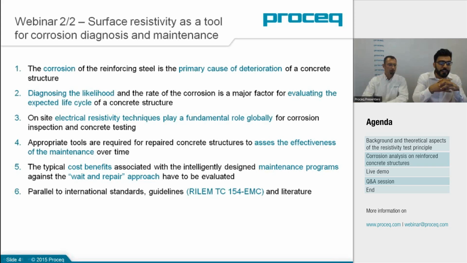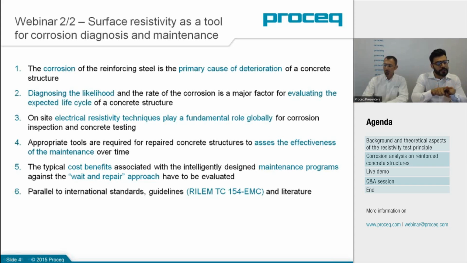In addition to that, the cost benefits that come along with these tools, or intelligently designed maintenance programs, can be evaluated against a wait-and-repair approach, and from there you can draw a solid conclusion of what to do and how to get the best result out of it.